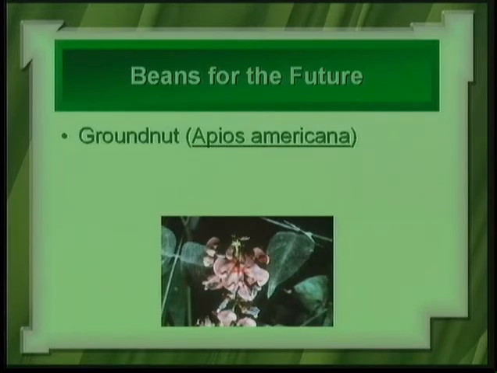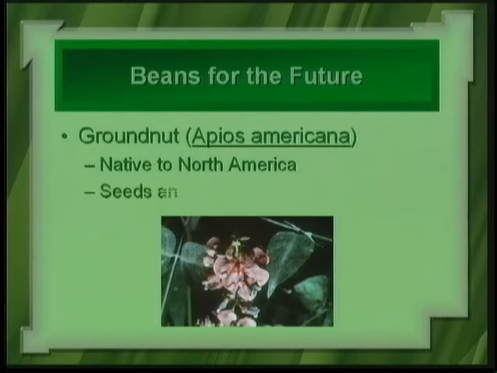Another possibility for the future is something called a groundnut. This is actually a Native American plant, a nitrogen-fixing legume in the eastern part of North America. It used to be one of the main foods of the Eastern Native Americans. So it's native to North America.